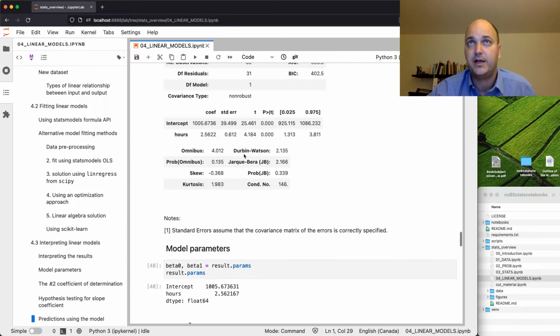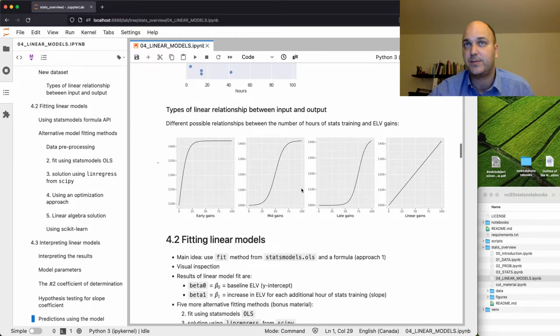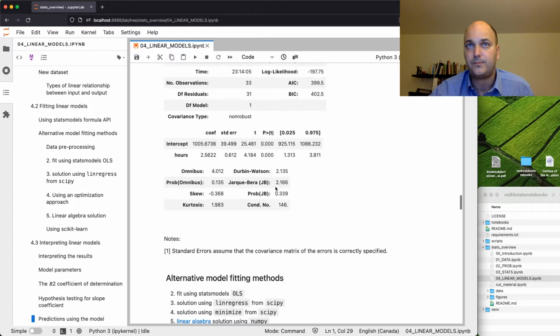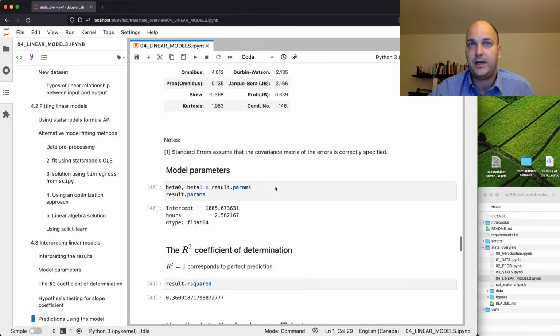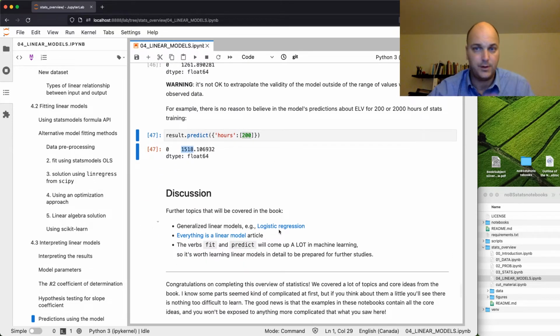So we can start to model this kind of shape, and that's very helpful for binary data. So if the outcome is pass or fail, we'll talk about that.